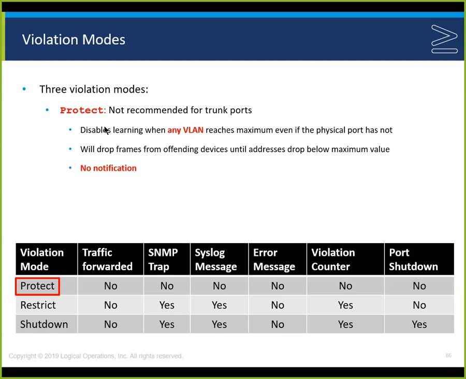Protect disables learning from any VLAN and drops traffic from the offending devices until the addresses drop below the maximum value. We don't get any notifications for this one. Protect is not recommended on trunk ports; it will drop traffic with no notification.